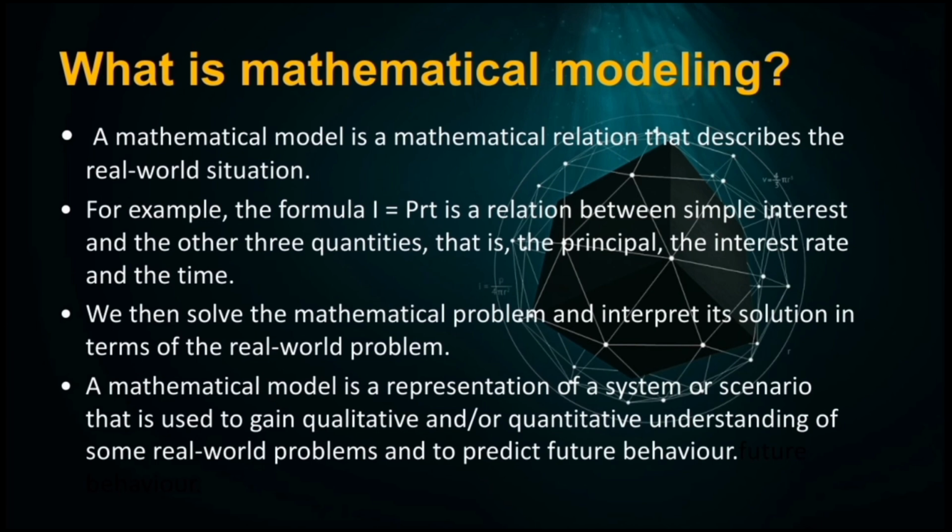For example, the formula I equals PRT is a relation between simple interest and the other three quantities, that is, the principal, the interest rate, and the time. We then solve the mathematical problem and interpret its solution in terms of the real-world problem.